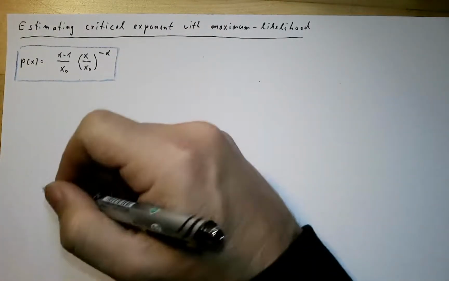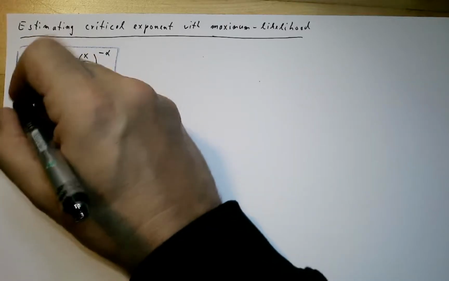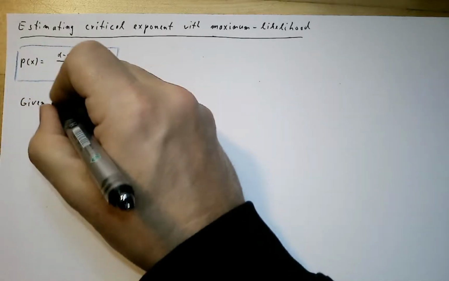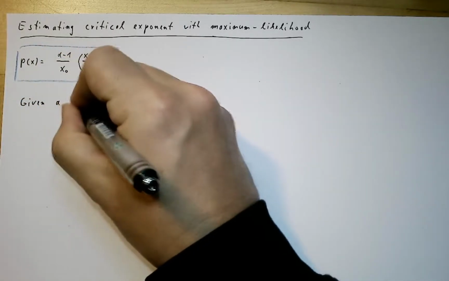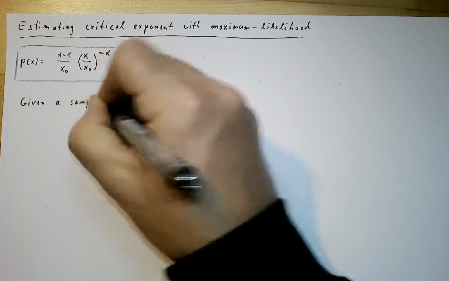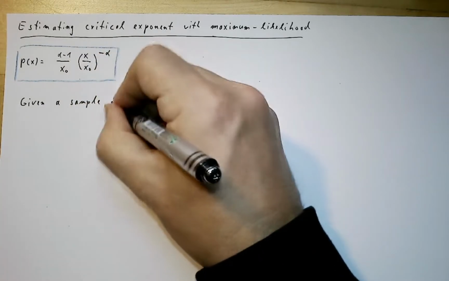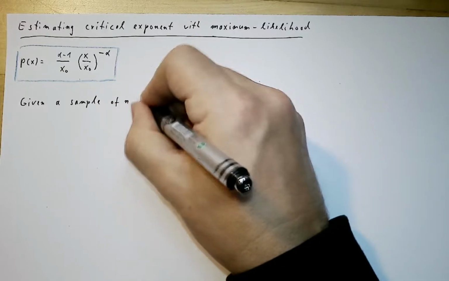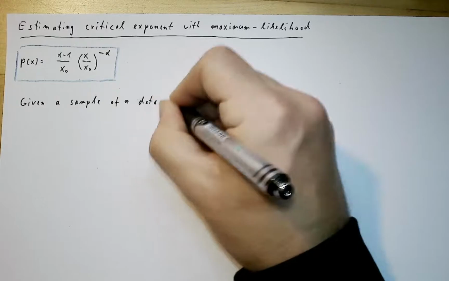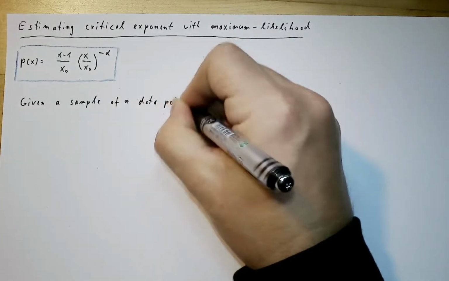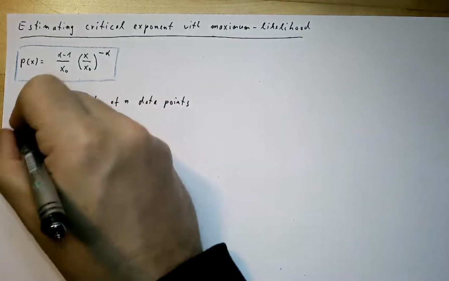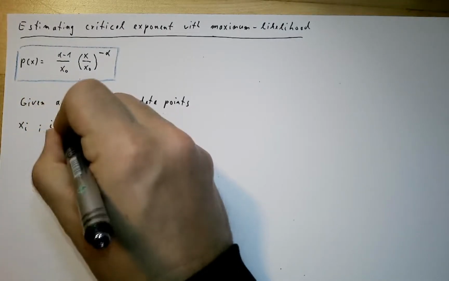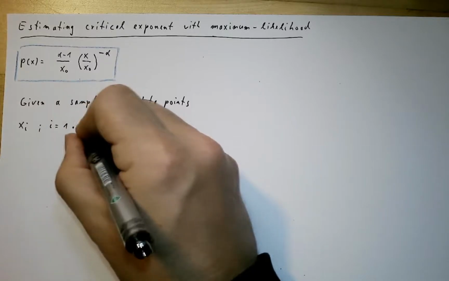Okay, and now assume we have a sample of n data points. So we have our xi, and i runs over 1 to n.